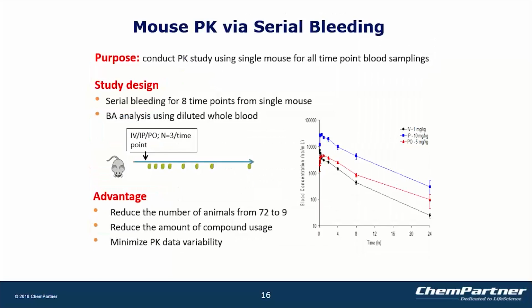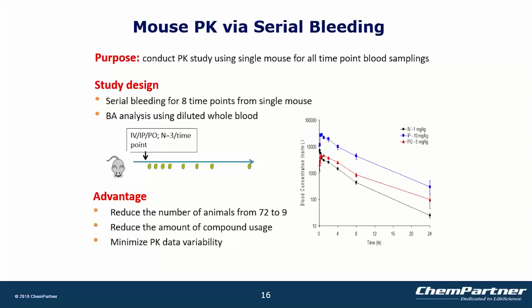And this is just an example: mouse PK, serial bleeding PK. These are PK studies in order to reduce the animal numbers. We pay a lot of attention to animal care and welfare, so we reduce the animal number from 70 to 9.